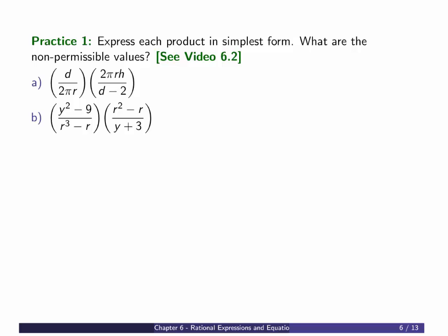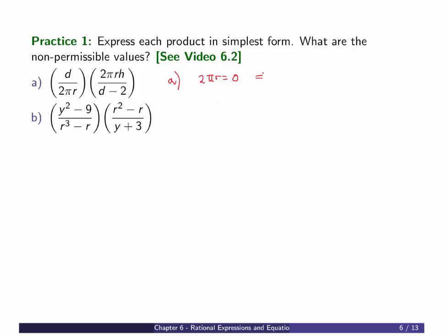Okay? So, let's do these two examples right here. Express each product in simplest form. What are the non-permissible values? Okay. So, here we go. First off, you can already tell me what the non-permissible values are. You really can set these guys equal to 0 separately. You don't have to do them together.